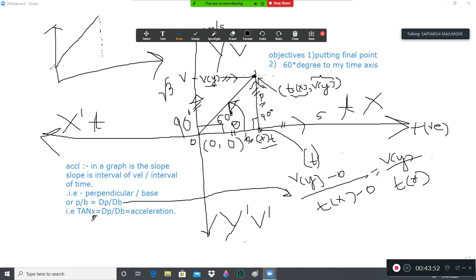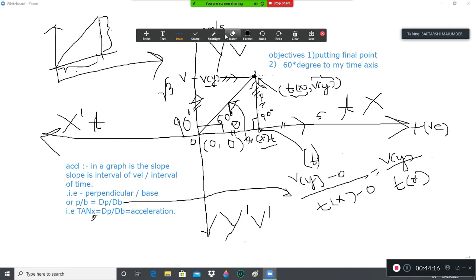You need to make a base from this to this and drop a perpendicular till it cuts. And now find the value of this, also find the value of this, divide this by this.